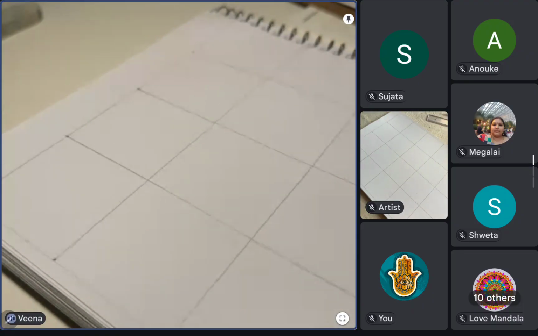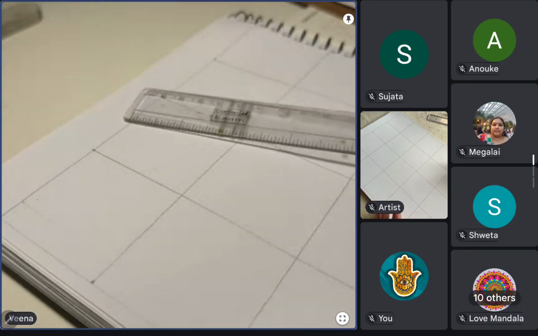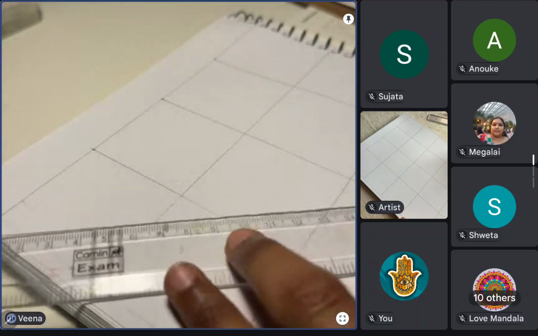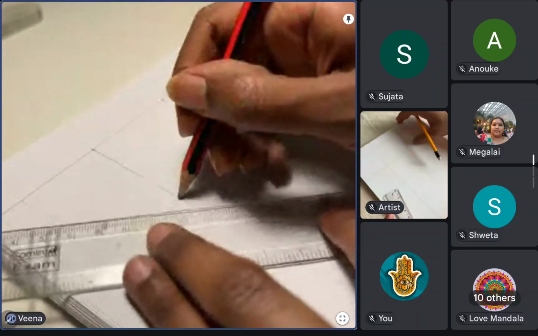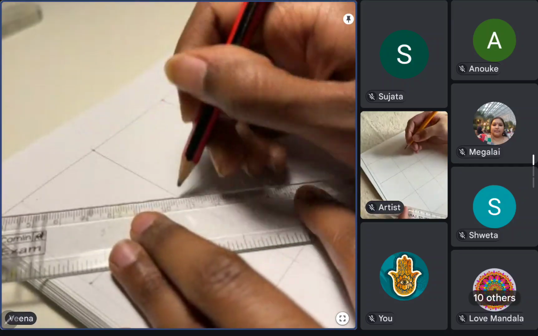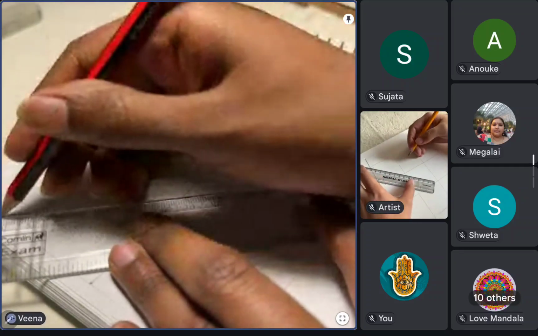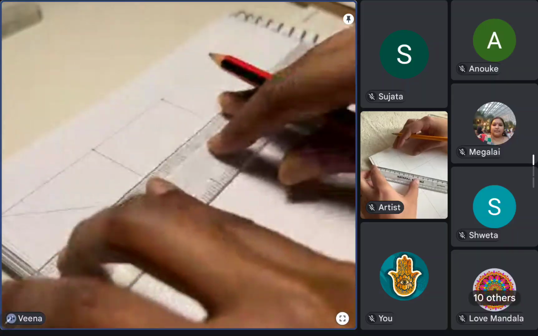Okay. And then what we're going to do is, for each of the squares, we're just going to make the diagonal lines.